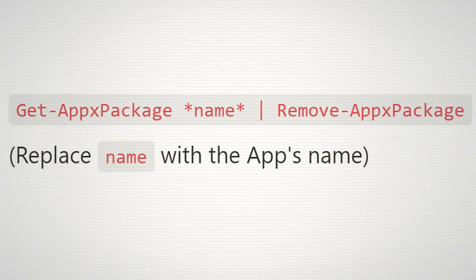Here's the command right here if you want. You're going to replace the name, obviously, with the app's name. I use this when I first get Windows. I use this command to find and delete all of the crap that Microsoft puts on there, including all of those weird games and the stubs and stuff. So it's a useful command to know, but if you're not comfortable with PowerShell, you might want to stay away from that one.